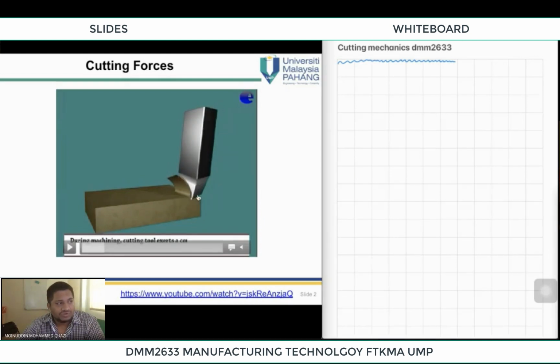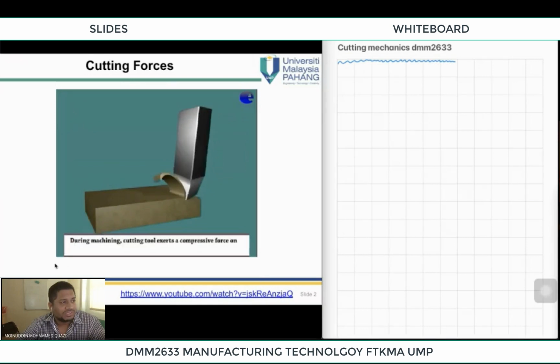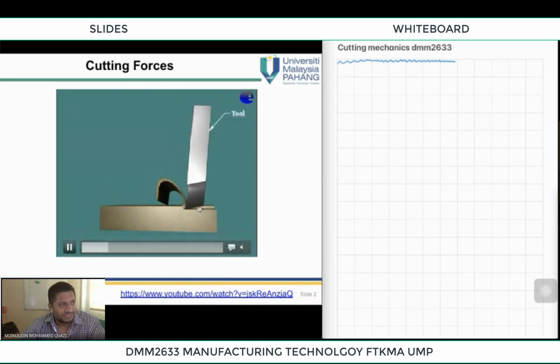The ratio of this depth of cut to the thickness of the chip is called the cutting ratio. During machining, the tool exerts a compressive force onto the workpiece. Due to the compressive force, some shear forces are generated, and the chip comes out due to the shearing mechanism, or the shearing force.